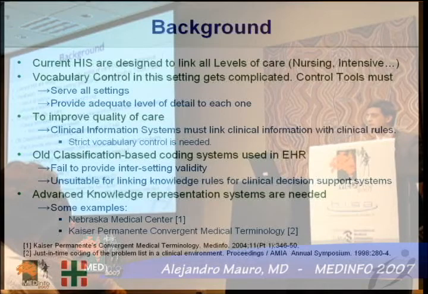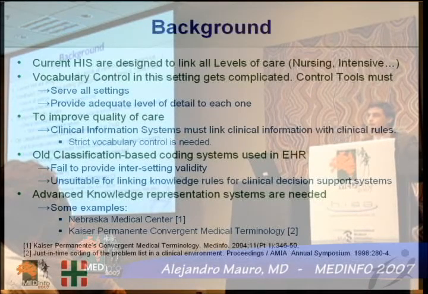Because clinical information systems must link clinical information with the clinical rules, then there's a strict vocabulary control need. The old classification-based coding systems commonly used in electronic health records fail to provide this inter-setting validity.